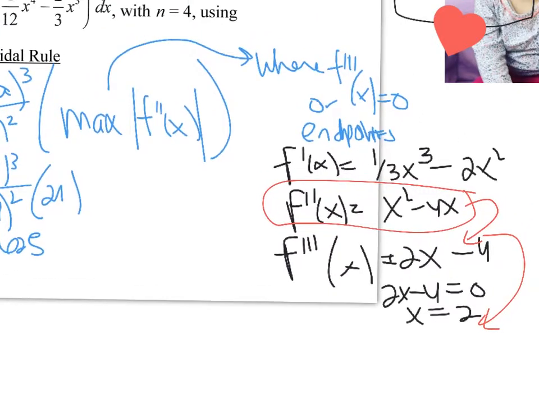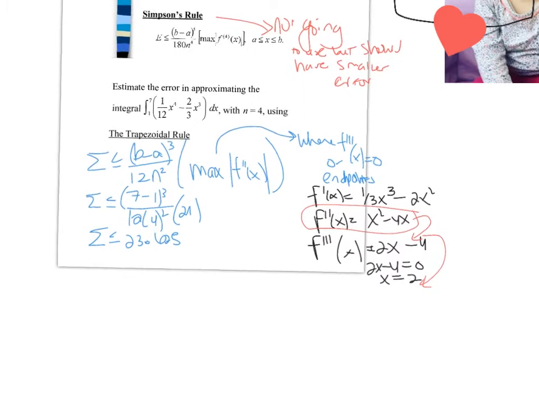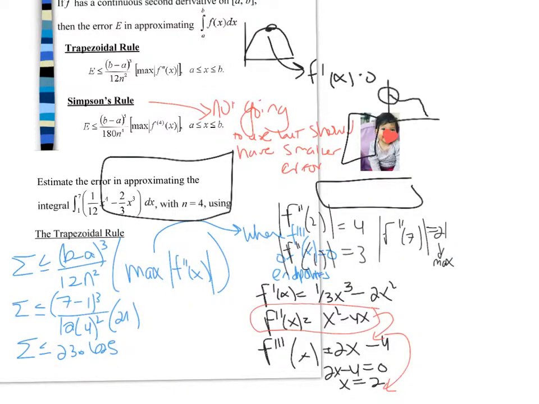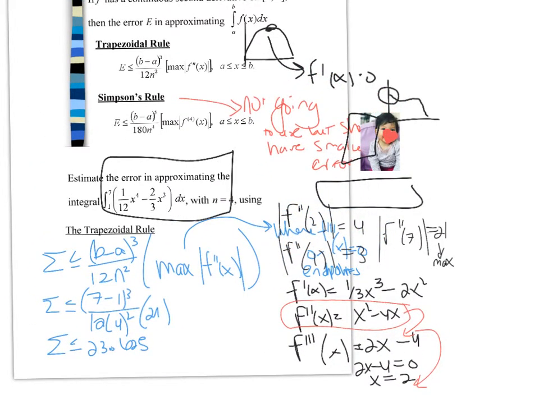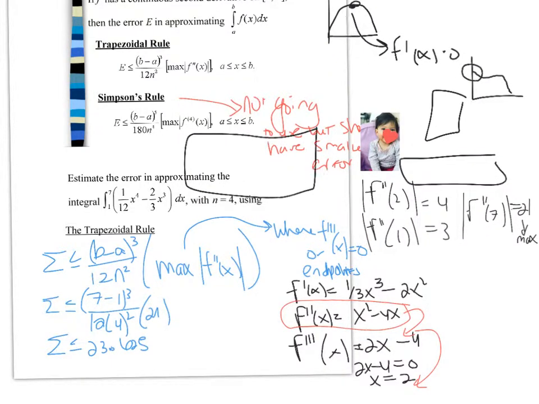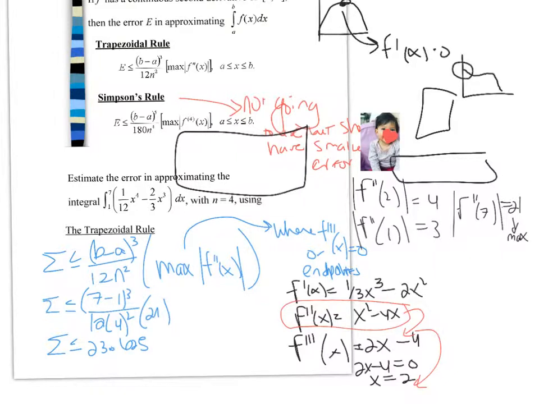So what we're going to do is plug those in to the second derivative to see what the points are. So you have to do f double prime of 2, because you're trying to find the max of that, and f double prime of 1 and 7, because those are the endpoints of what we're looking at.